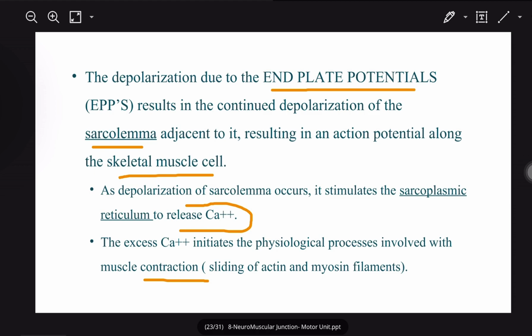That action potential will go through the whole muscle that the motor neuron innervates. When that happens with the excitability, because we have the sarcolemma, it will cause a depolarization. With that depolarization, it will add to the release of the calcium. The release of calcium starts the physiological process of muscle contraction.